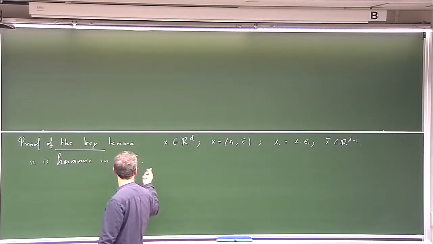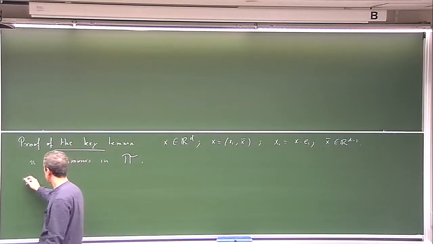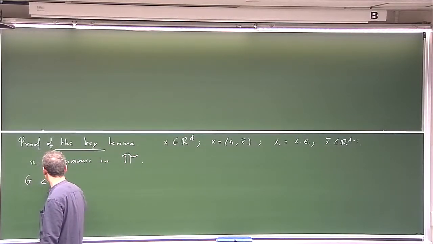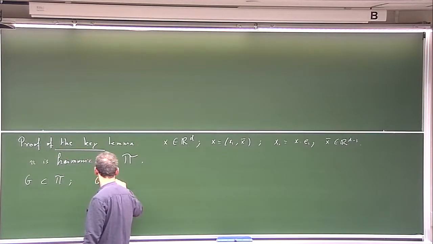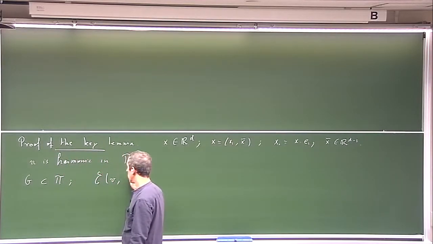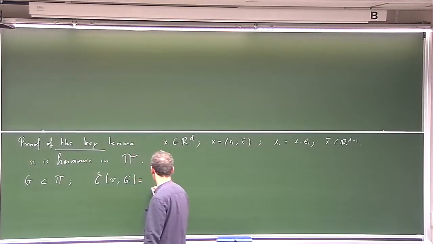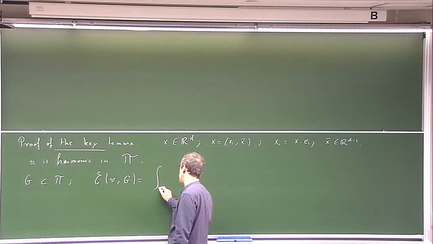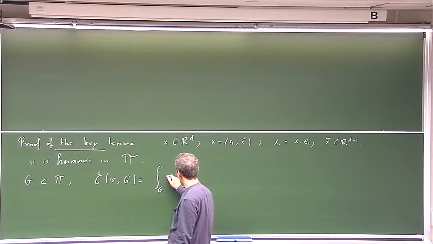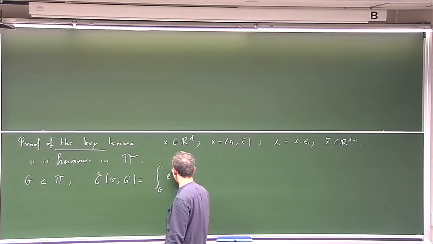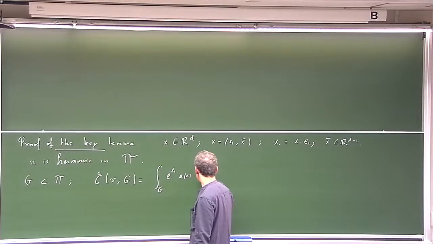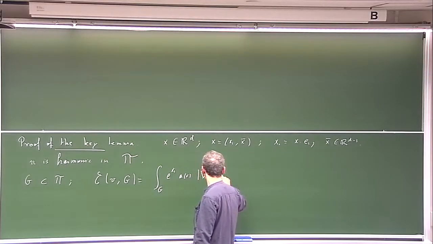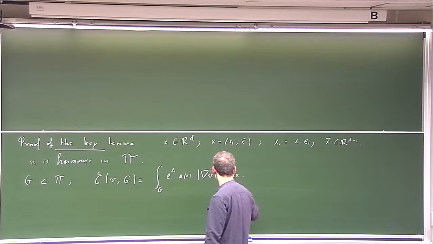So let us introduce some notations. If I have a nice set G in pi, I will use the notation E of some function V on G to denote the integral over G of the energy, which is exponential x1 times A of x times the gradient of V squared dx.